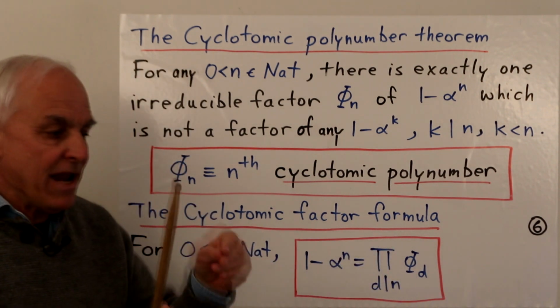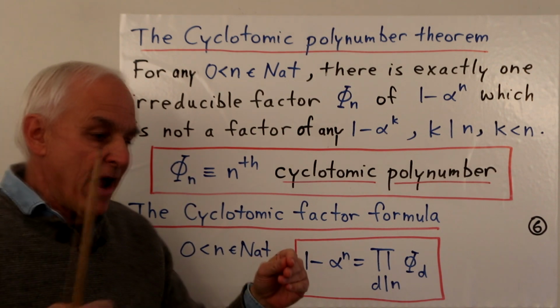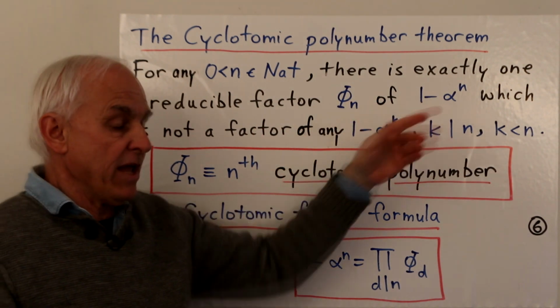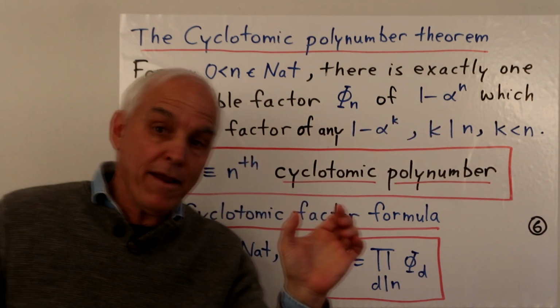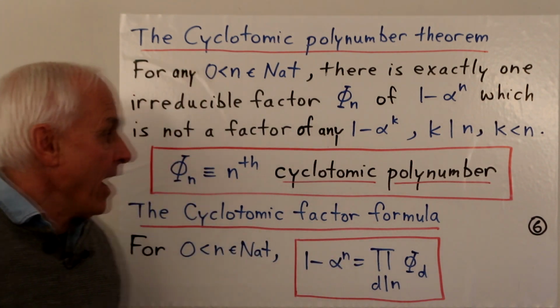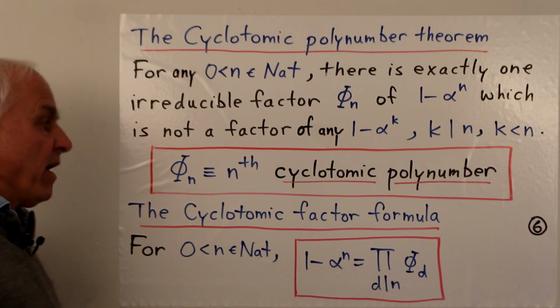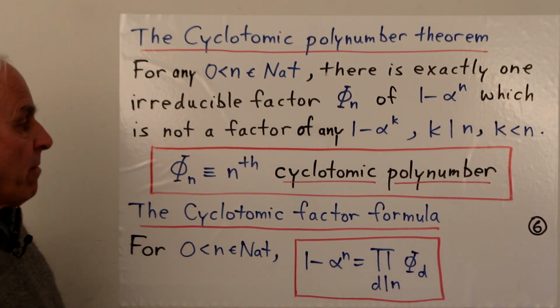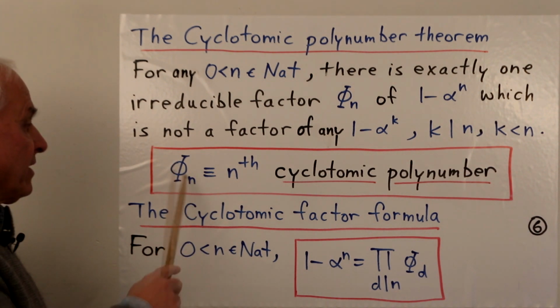So when we get to n, of all those factors that 1 minus alpha to the n might have, there's exactly one which we haven't seen before. And that's going to be what we define to be the nth cyclotomic polynumber, phi sub n.